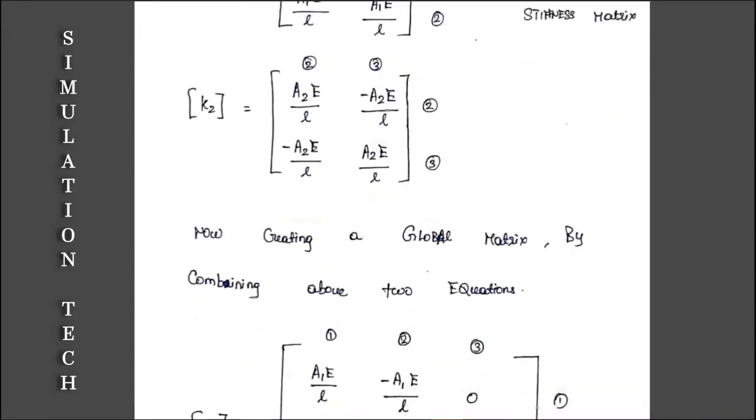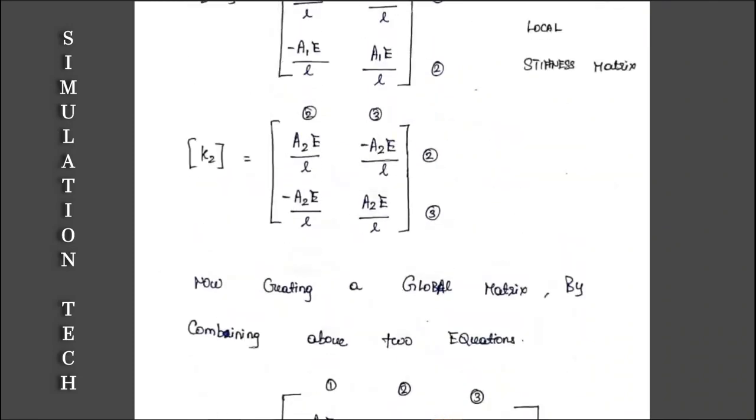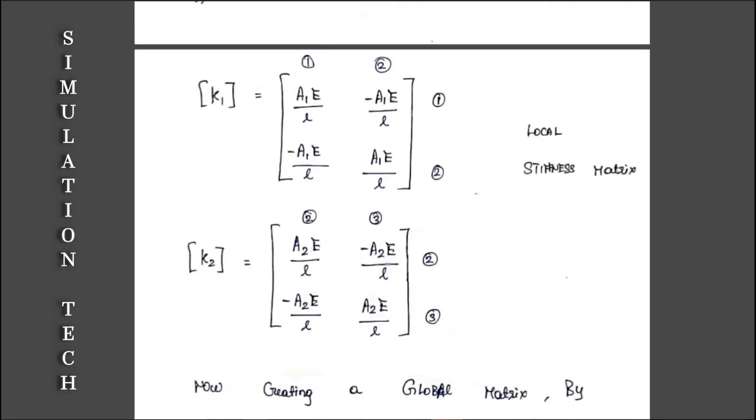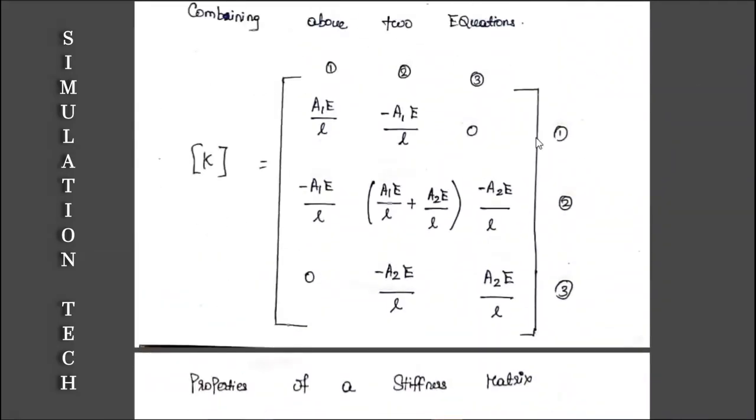Now we need to create a global stiffness matrix, right? How can I create a global matrix? By comparing these two equations, K1 and K2, you can easily create a new stiffness matrix. Just observe the position. For 1 and 1 we have A1 E by L. Here also for 1 and 1 we have A1 E divided by L, right?